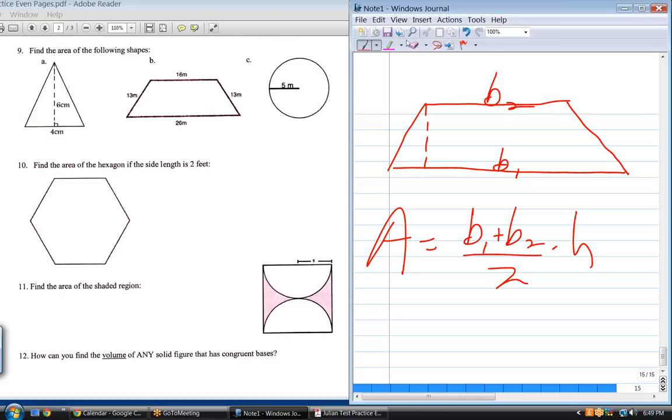So we got a couple things we need to figure out with this trapezoid because they didn't give us the vertical height. So they gave us this base is 16. They gave us this base is 26. And since that's 13 and that's 13, it's an isosceles trapezoid. So what's this distance right here?